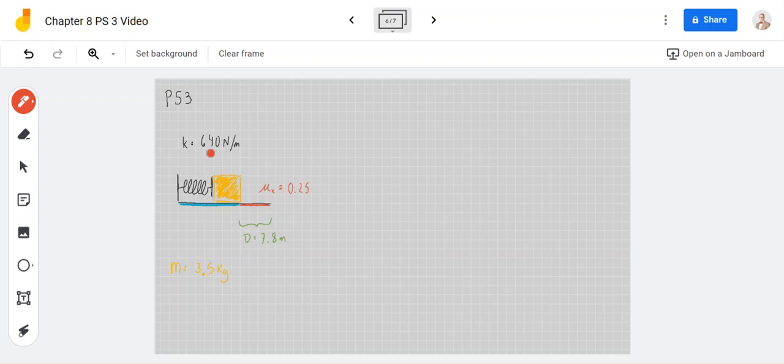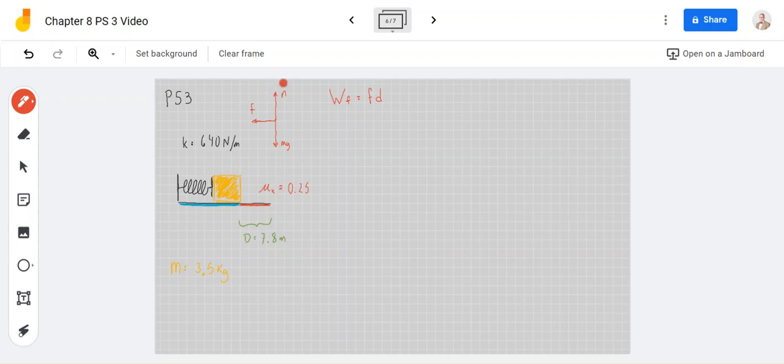All right, so that's the first thing I'm going to do. So the increase in thermal energy, we talked about that in the last problem. So the increase in thermal energy, which we call the work done by friction, is equal to the frictional force times the slide distance. Luckily this time, this block, as it slides, you only have three forces. You got the mg, you got the N, and you got the friction.